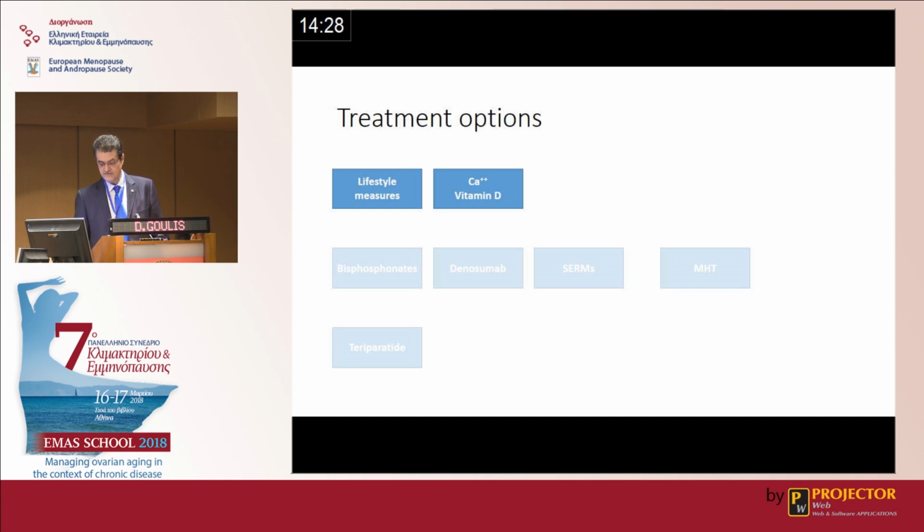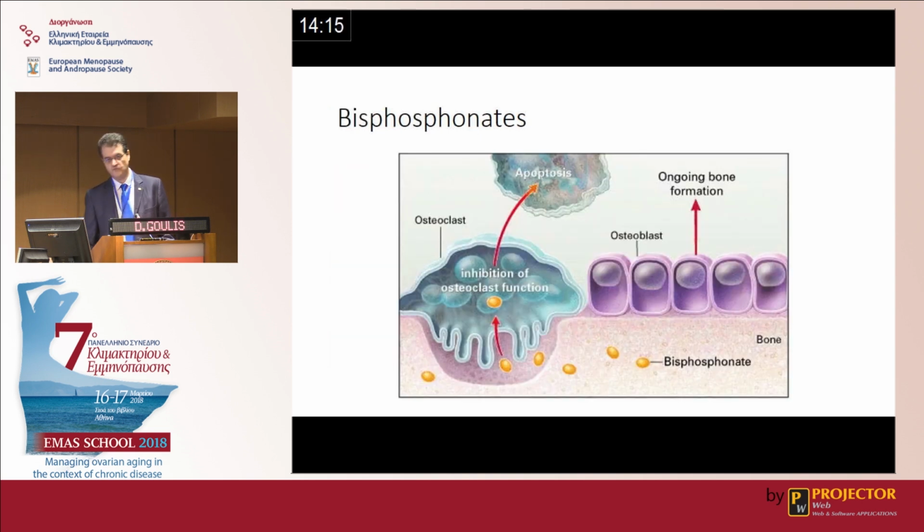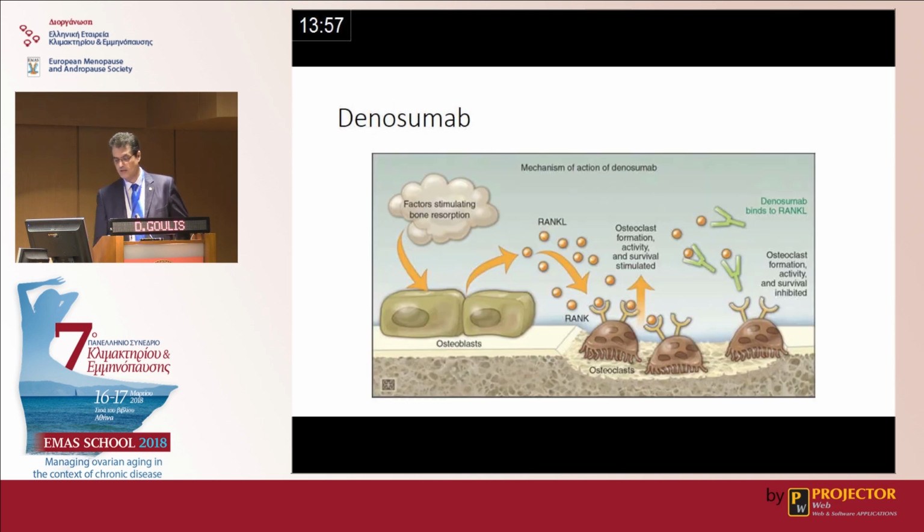So leaving behind lifestyle measures and calcium, we go to the 1, 2, 3, 4, 5 different types of medication we want, and I'd like just to give you one slide for each for the mechanism of action. Of course, bisphosphonates are incorporated into the bone, so this results in an inhibition of osteoclast function, and the final result is apoptosis. The bone formation is ongoing, so you have a net benefit there, and this is the way the bisphosphonates are working.